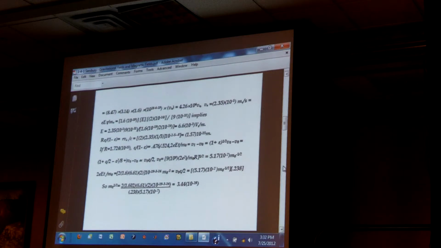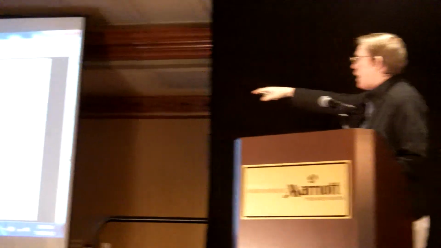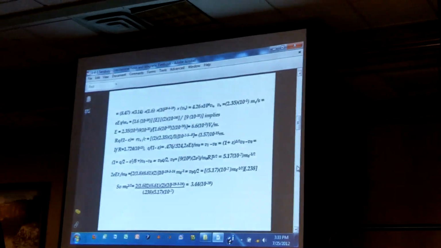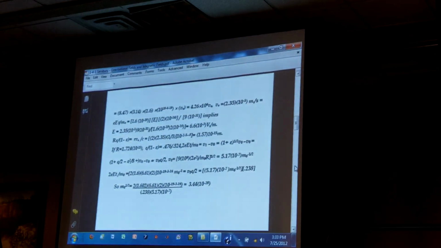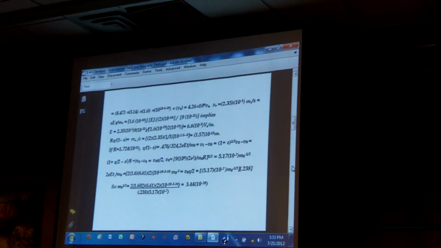Now we can continue to solve for the electric field associated with this current of 1 amp and this drift velocity of 10 to the minus 5, and it's about 10 to the minus 3 or 10 to the minus 2 volts per meter.